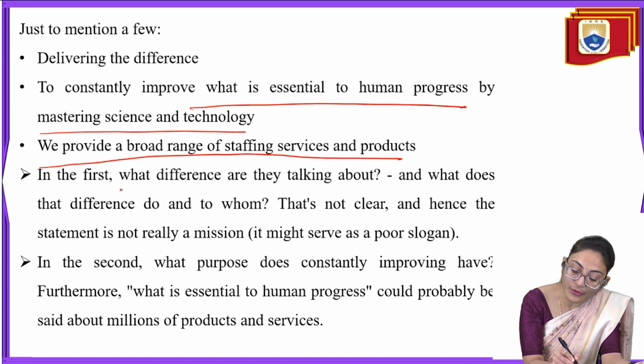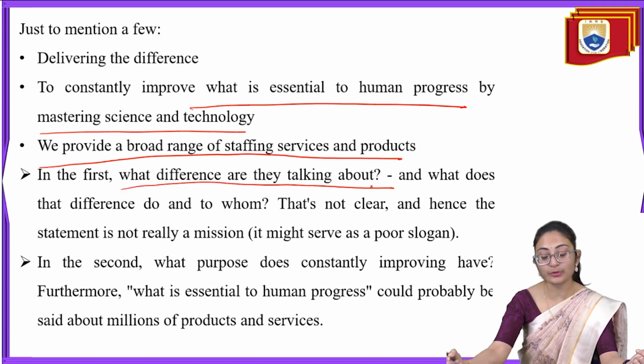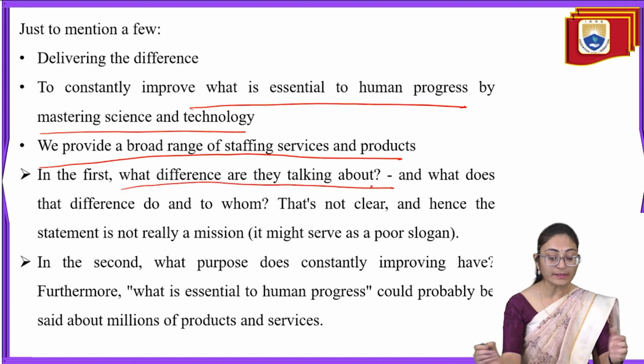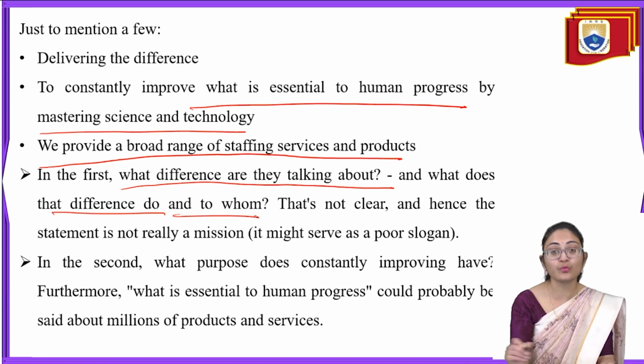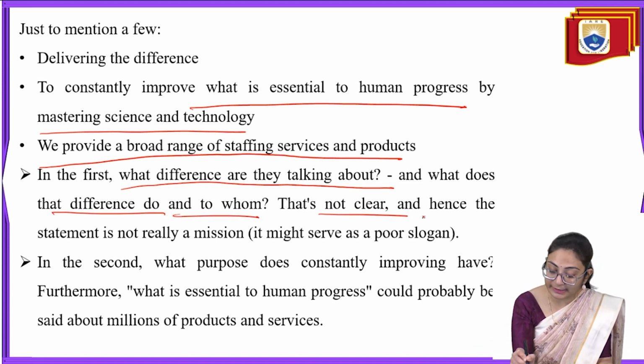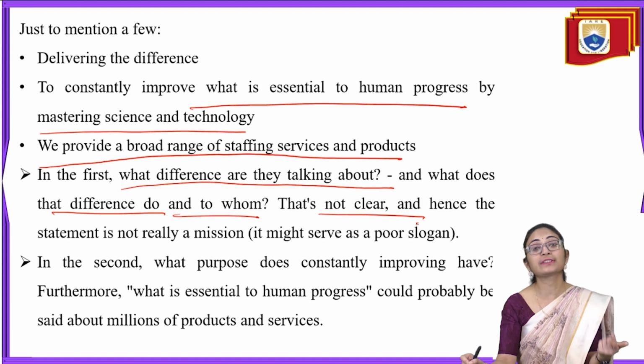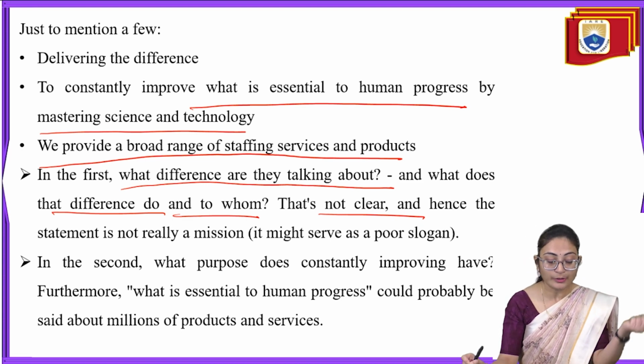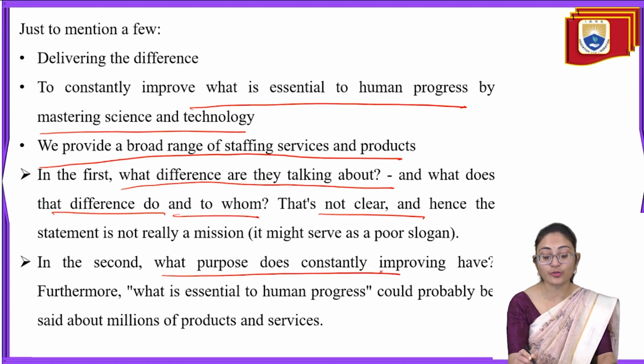In the first, what difference are they talking about? Then, what does the difference do and to whom? That's not clear, and hence the statement is not really a mission. In the second, what purpose does constantly improving have?